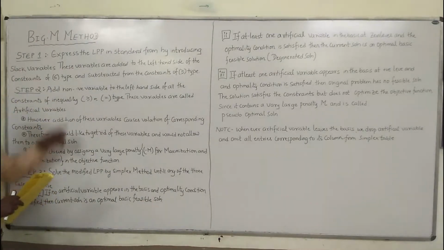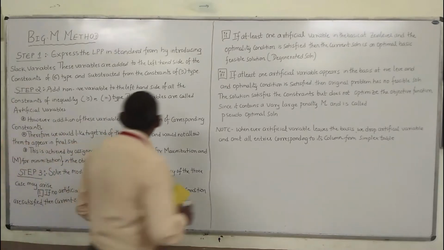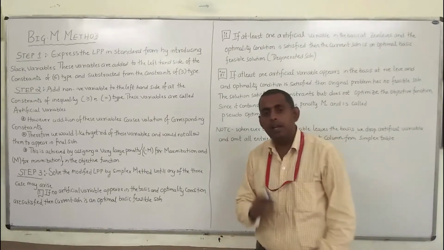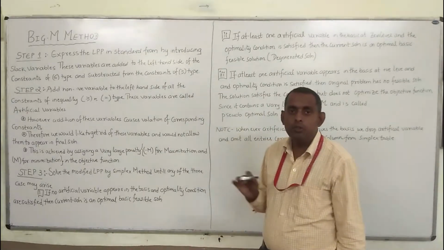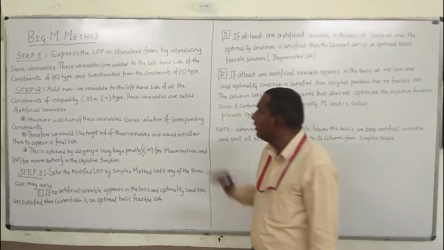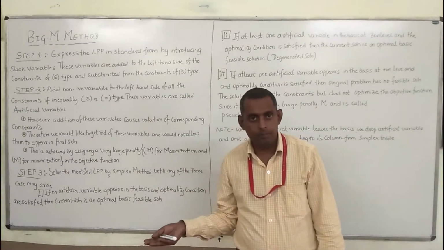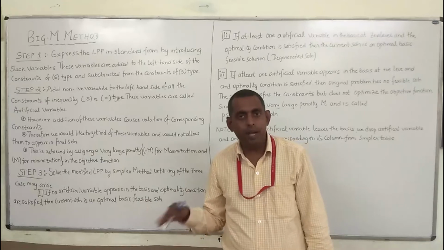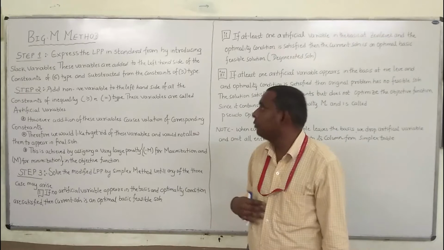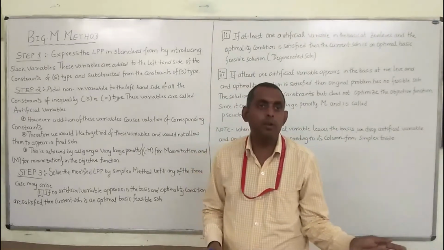In step 1, you express the LPP in standard form by introducing slack variables. These variables are added to the left hand side of the constraints which are of the type less than or equal to, and subtracted from the constraints which are greater than or equal to.